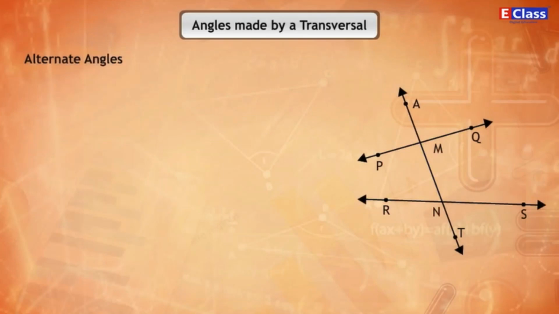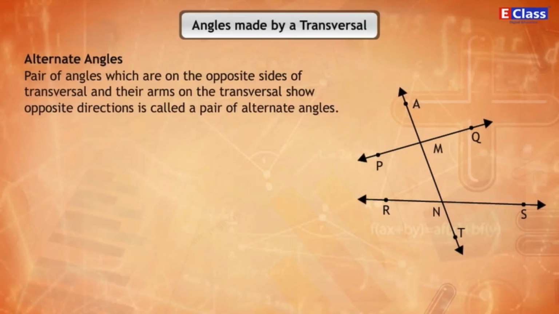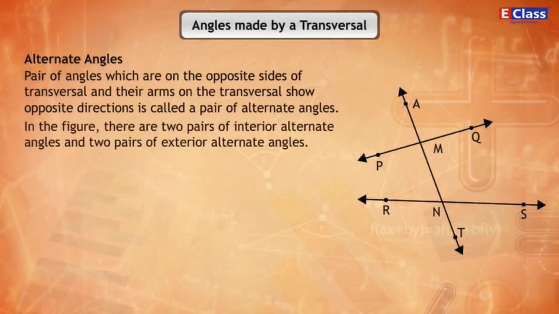Alternate angles. A pair of angles which are on the opposite sides of the transversal and their arms on the transversal show opposite directions is called a pair of alternate angles. In the figure, there are two pairs of interior alternate angles and two pairs of exterior alternate angles.